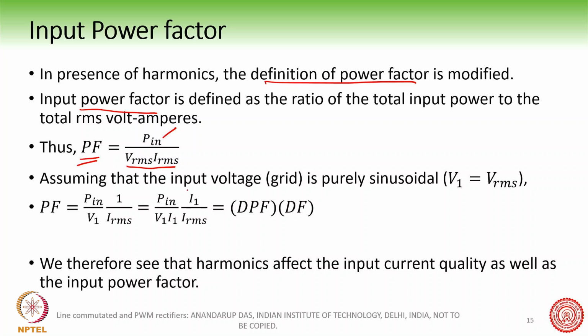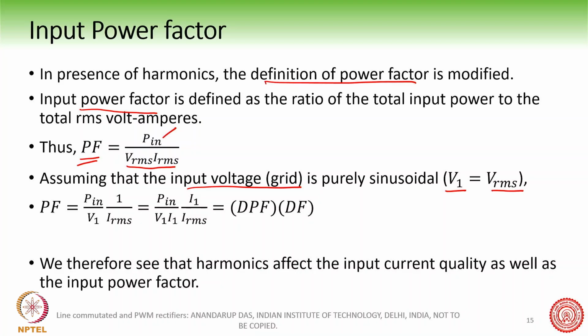Suppose we assume that the input voltage, or the grid, is purely sinusoidal. This is typically the case. Most of the time the grid is very close to a sine wave. So V RMS is equal to V1. The RMS value of the grid voltage is almost purely fundamental.